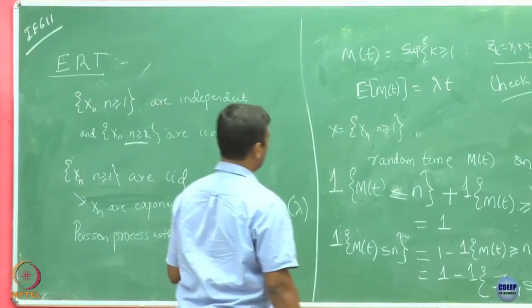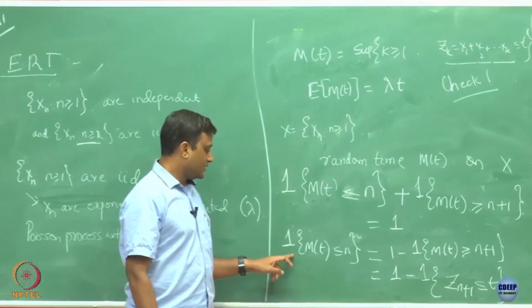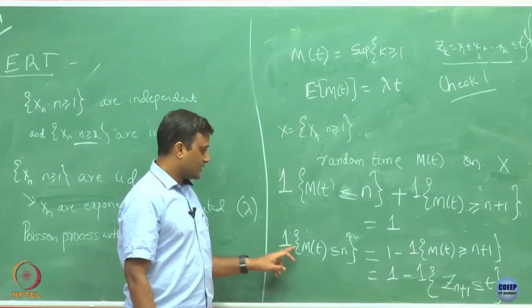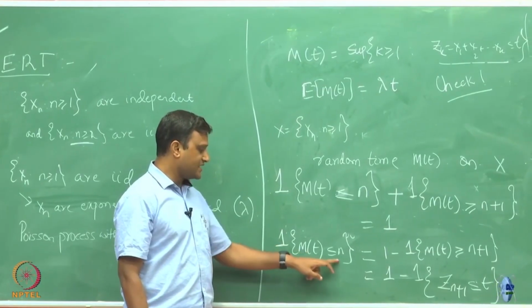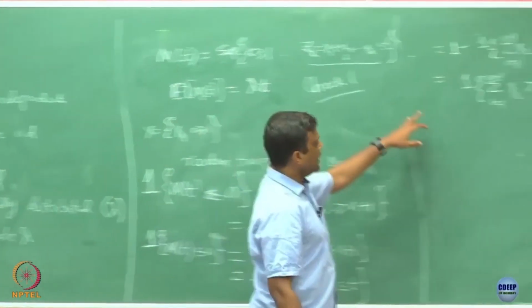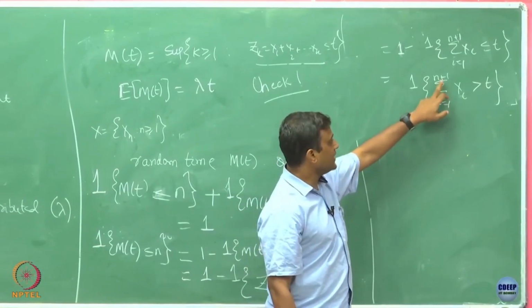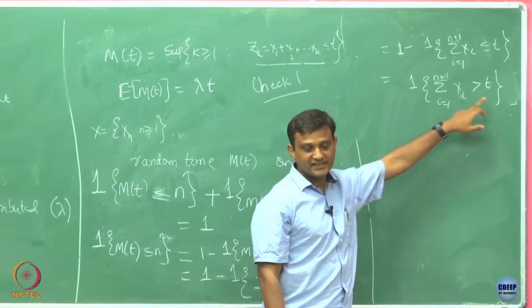Now the question whether m of t is less than or equal to n has boiled down to asking whether the sum of the first n plus 1 values has exceeded t, right.